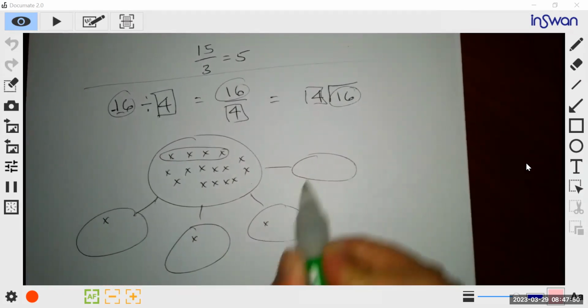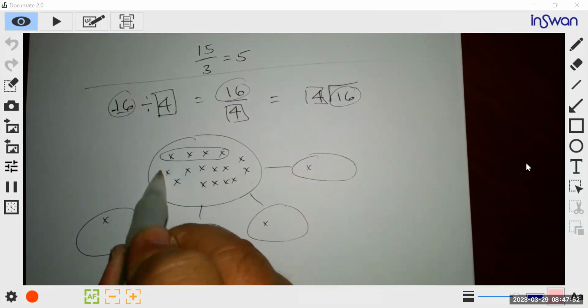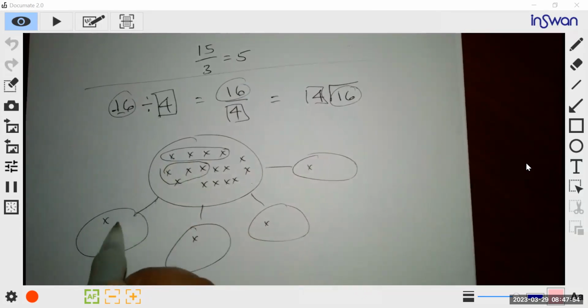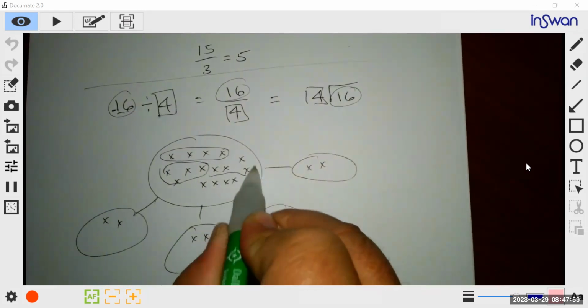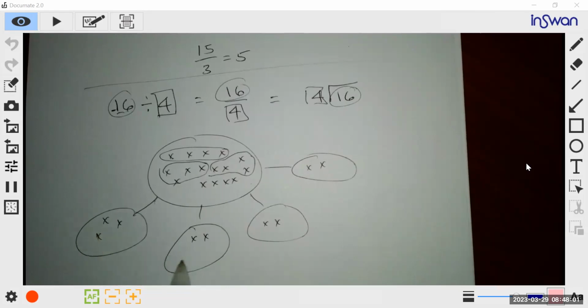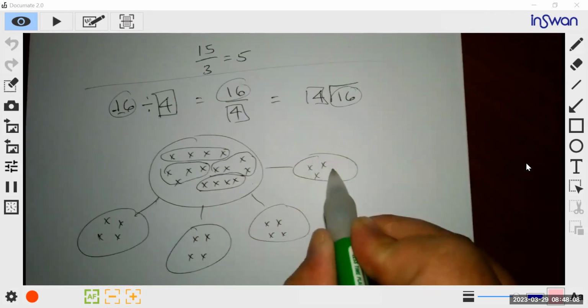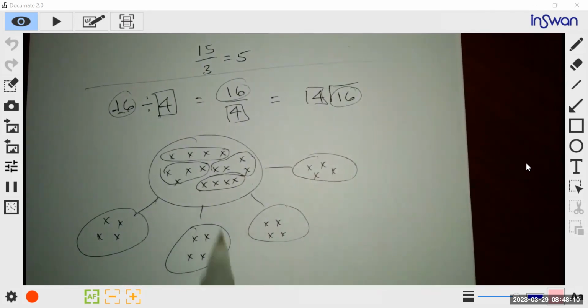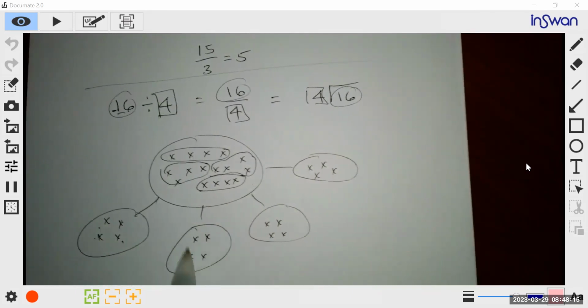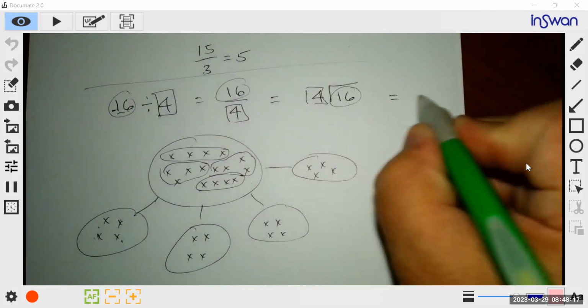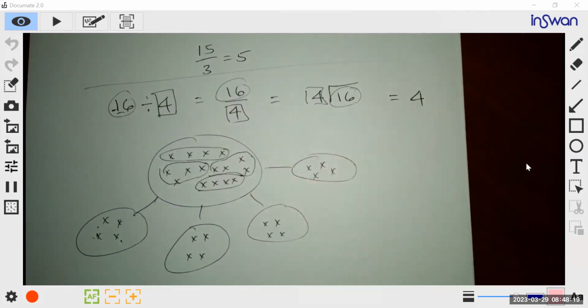I need 4 more. 4 more. And then there's 4 more there. There's no more chips inside the main group. So the answer is they all have 4. 16 divided by 4 is 4.